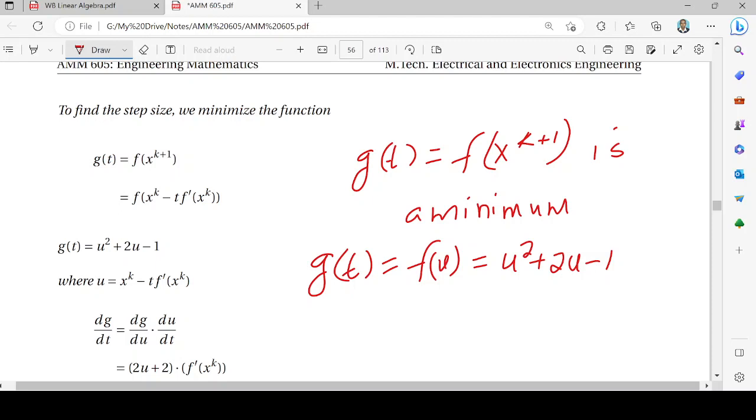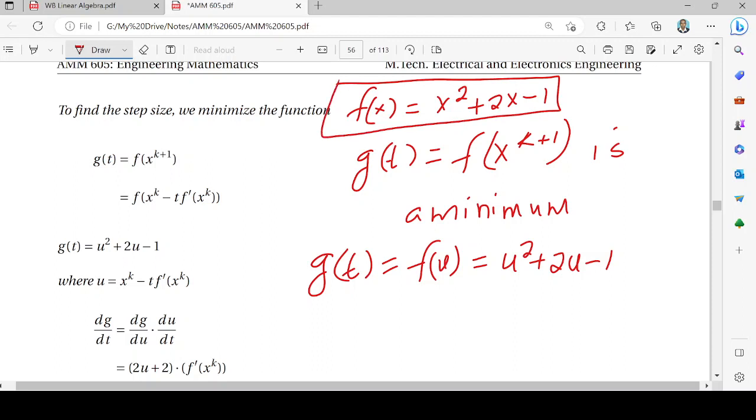Remember how our function f of x was defined. It was x squared plus 2x minus 1. So when we replace x with u, we get u squared plus 2u minus 1. Now here, u is equals to x k plus 1, which we have as x k minus 2x k plus 2 multiplied by t.